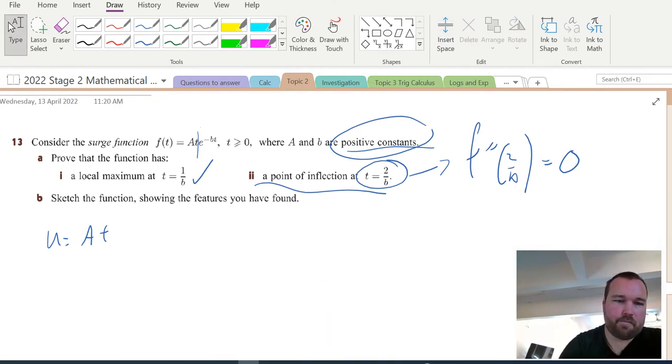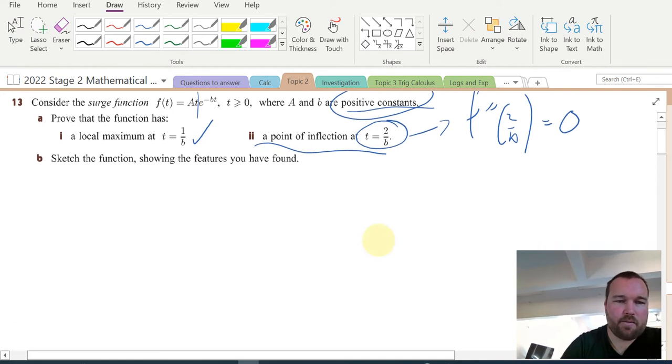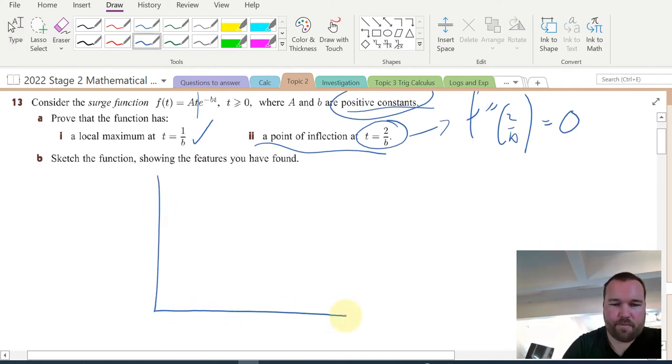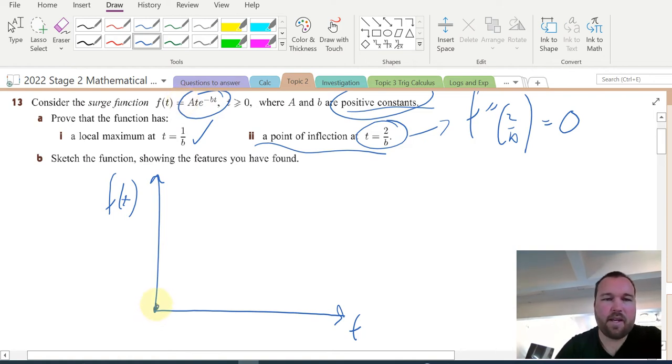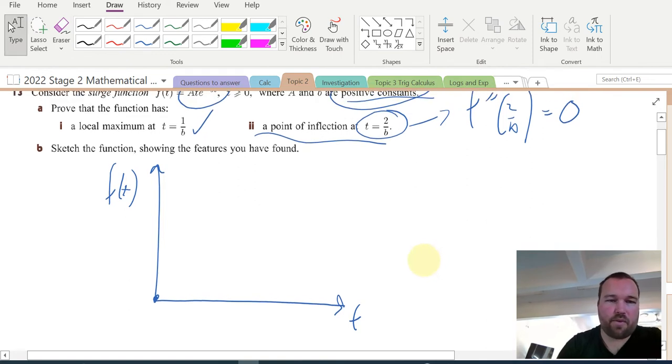Alright. T, f of t. To start with, if t equals 0, looking at the original function, f of t equals 0. So we simply go through here. Now, what happens is we've got 1 on b and 2 on b.